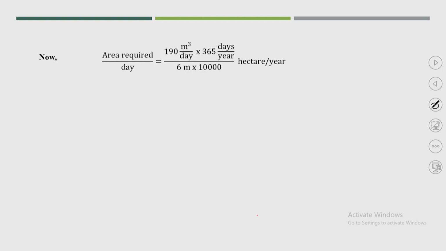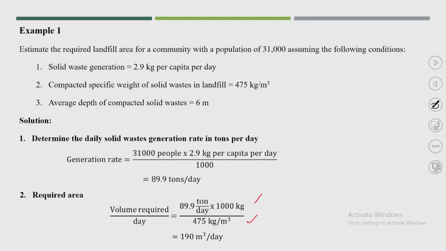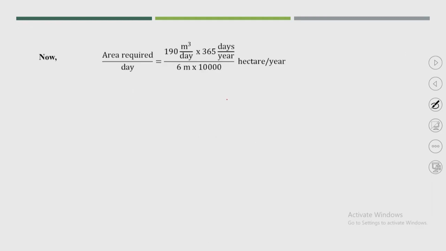Now we will calculate how much area will be required. We know the volume and we know the depth, so we divide the volume by the depth, and the average depth given in the question is 6 meters. We convert this to hectares by dividing by 10,000, and per year we multiply by 365 days in a year.